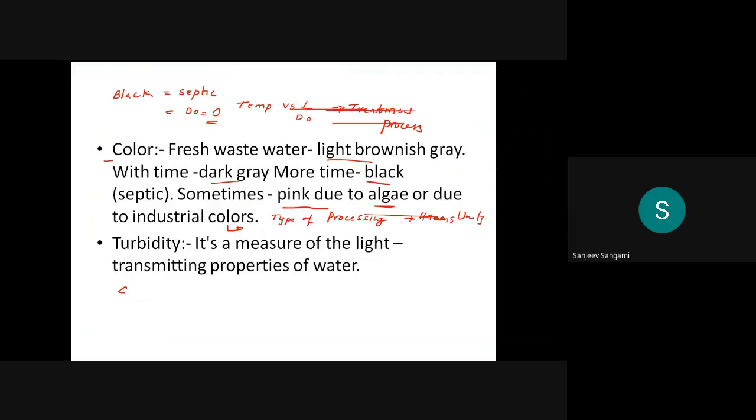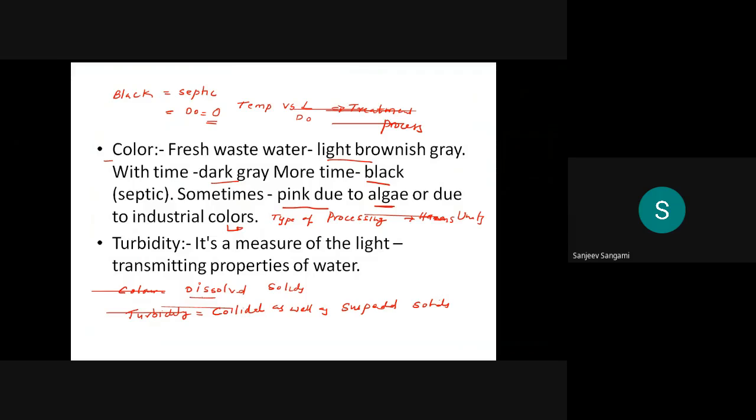The color is normally due to dissolved solids, and the turbidity we are speaking about now is due to colloidal as well as suspended solids.